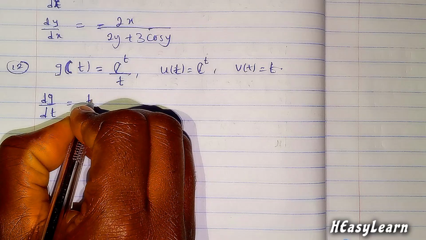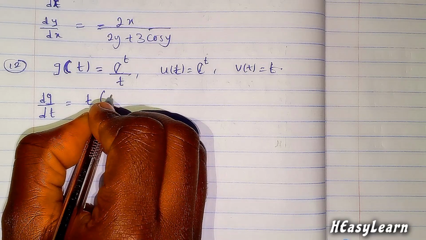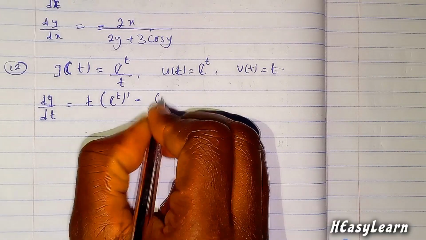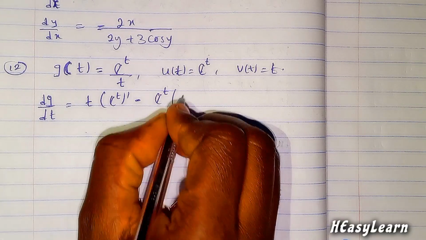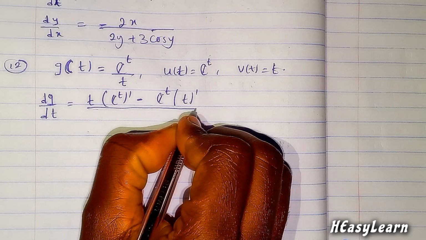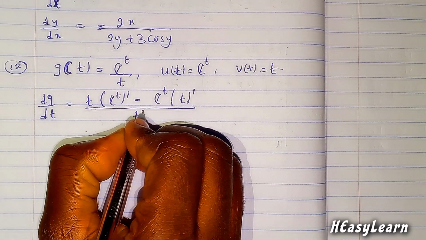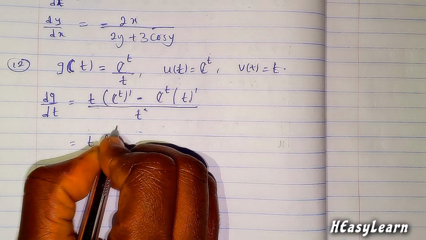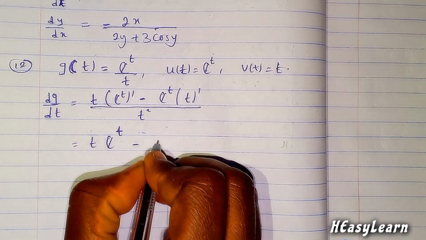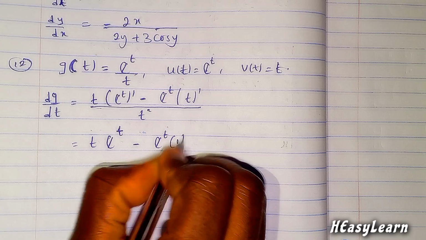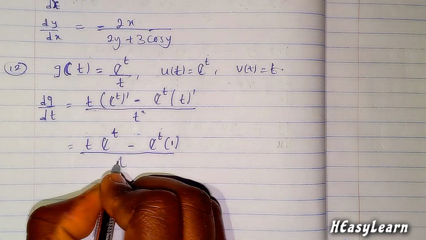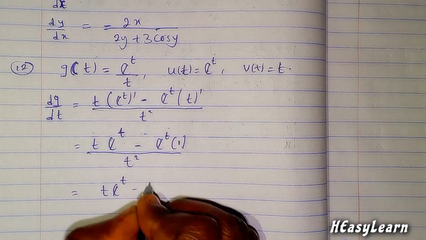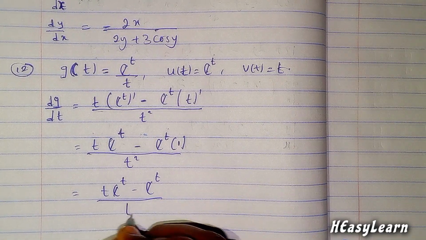Keep the denominator, differentiate the numerator, minus keep the numerator and differentiate the denominator, divide by t square. This equals t times the differential of exponential t, which is exponential t, minus exponential t multiplied by 1, over t square. This is the same thing as t exponential t minus exponential t over t square.